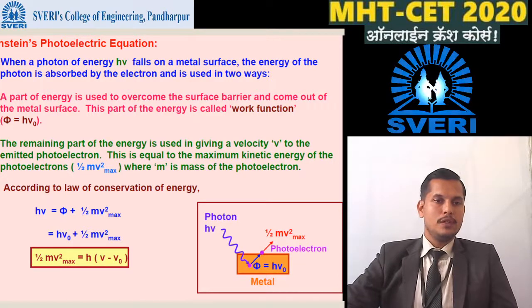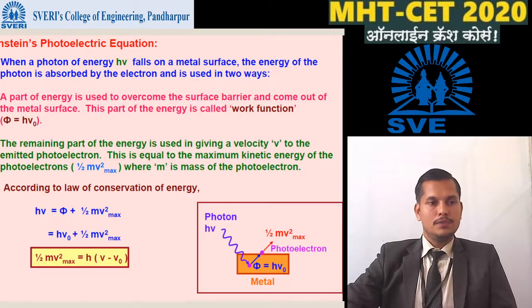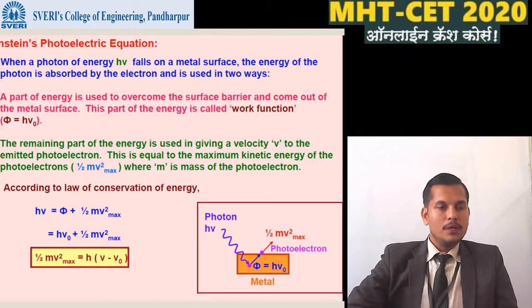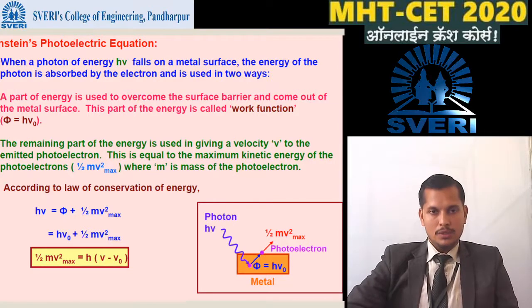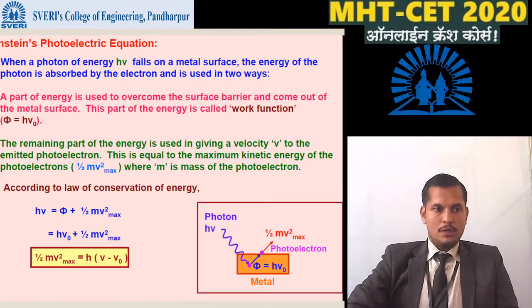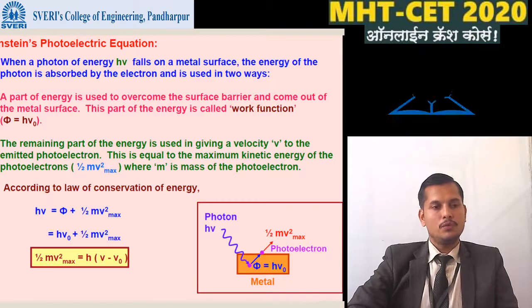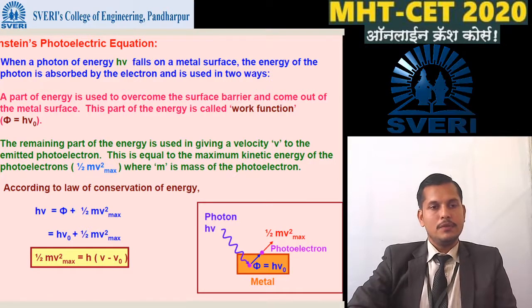This part of energy is called the work function, which is given by phi, or you can say energy, that is h nu 0. The remaining part of the energy is used in giving a velocity v to the emitted photoelectron. This is equal to the maximum kinetic energy of the photoelectrons, that is 1/2 mv square max, where m is the mass of the photoelectron.